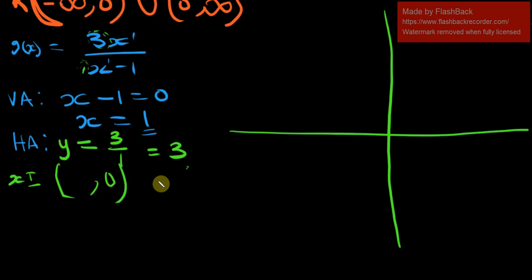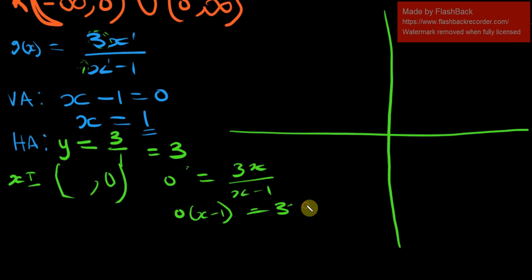Okay, so let's quickly do that. 0 equals 3x over x minus 1. So 0 multiplied by x minus 1 equals 3x. So x is equal to 0. So when y is 0, x is 0. Alright, fine, cool.